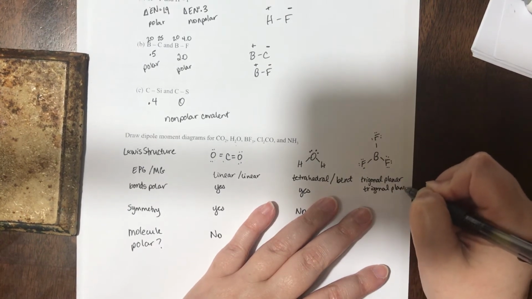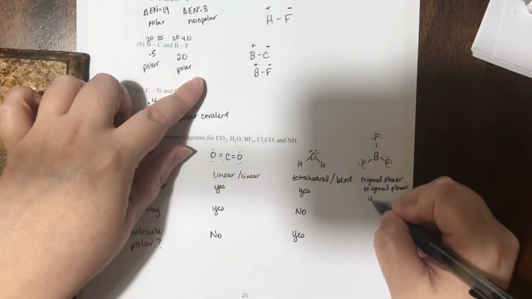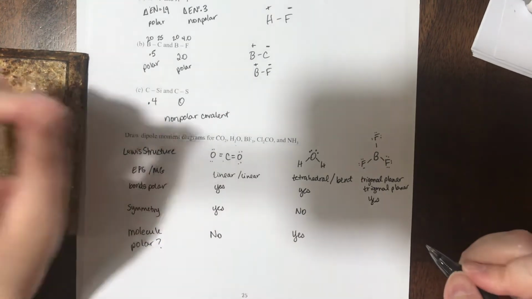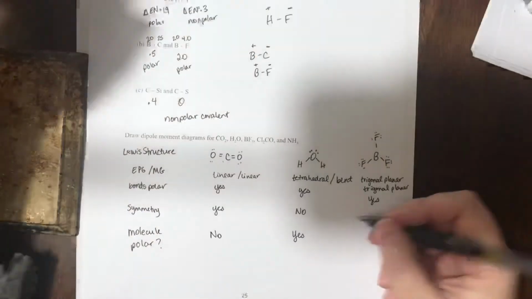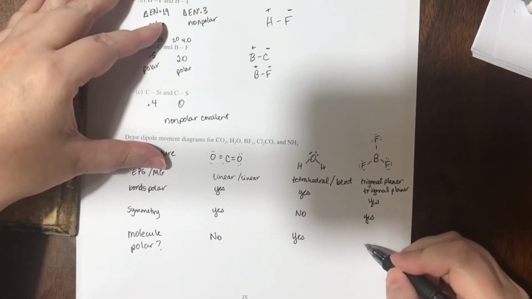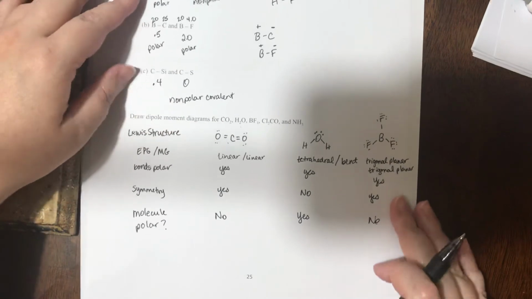Are the bonds polar? Well, B to F we did up here. Yes, the bonds are polar. Is the molecule symmetrical? The molecule is symmetrical. Look, trigonal planar is in our possible symmetry ones. So yes, the molecule is symmetrical. So is it polar? No. Okay.